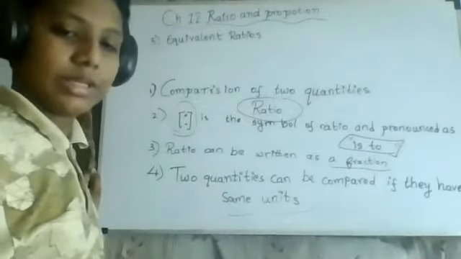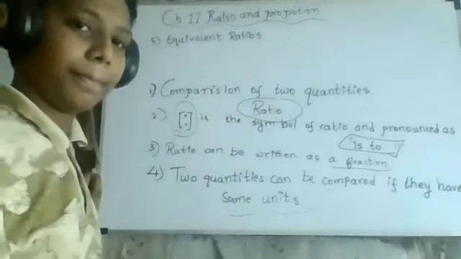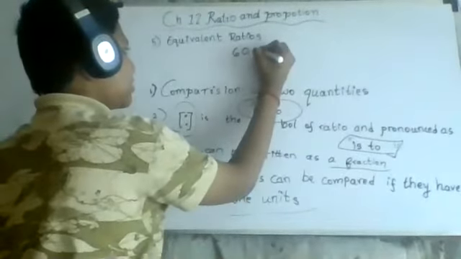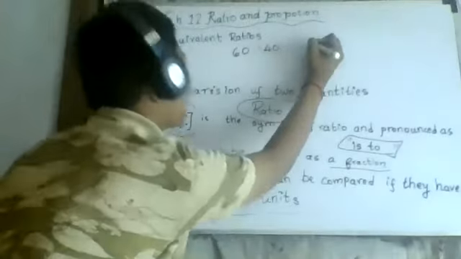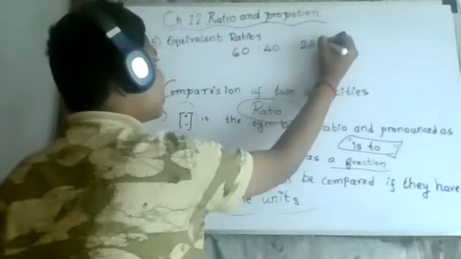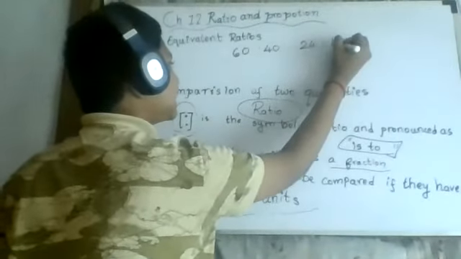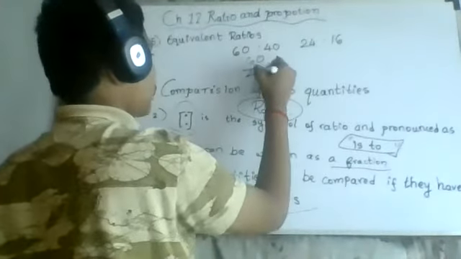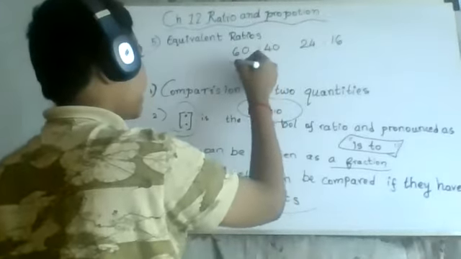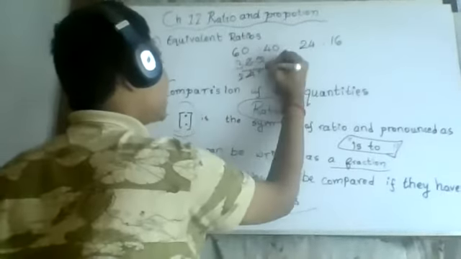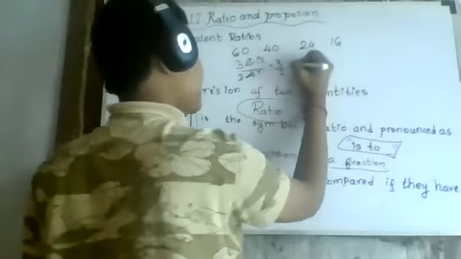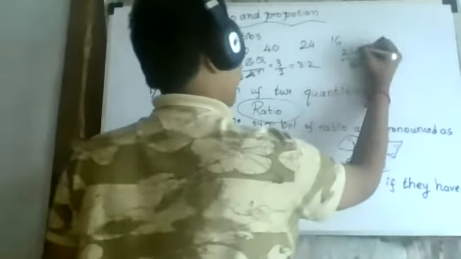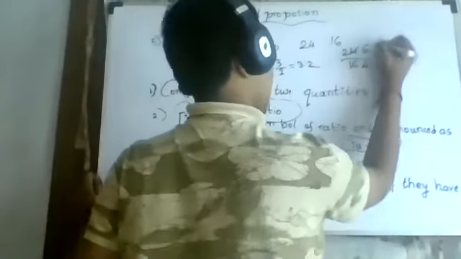Say we have 60:40 and 24:16. We can write the first as 60/40. Simplifying, 2 threes are 6, 2 twos are 4, so it is 3/2. And here 24/16: 4 sixes are 24, 4 fours are 16, again 3/2.